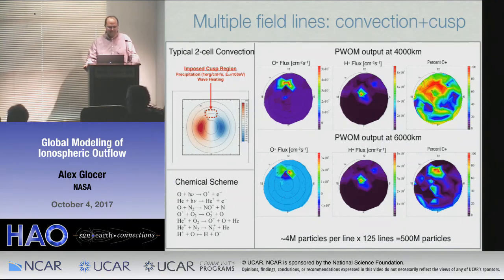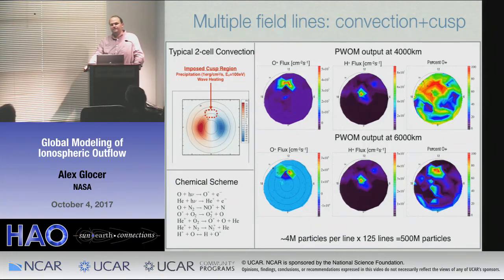Yeah. Could the velocity filter mass spectrometer effect be applied here? If the H+ is moving along the field line faster, it's going to get to higher altitude while convecting. So at 4,000 kilometers, you might see it being further poleward than the oxygen, which is stuck lower down still. If you see what I mean?